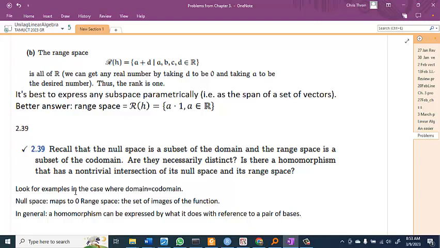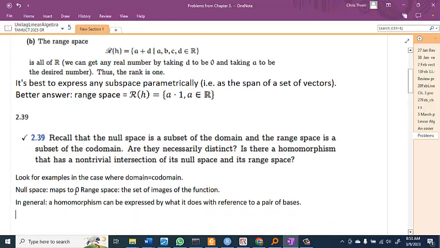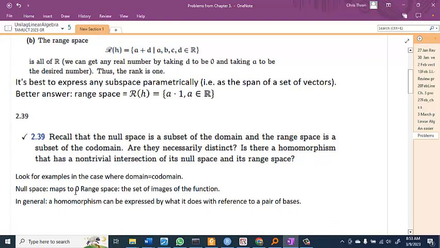Once you have a pair of bases, one basis in the codomain and one basis in the domain, then you can fully specify the homomorphism by what it does on those bases. Now, in this case, I'm going to take the domain basis and the codomain basis to be the same. So let's look at the case where the domain and codomain have the same basis.